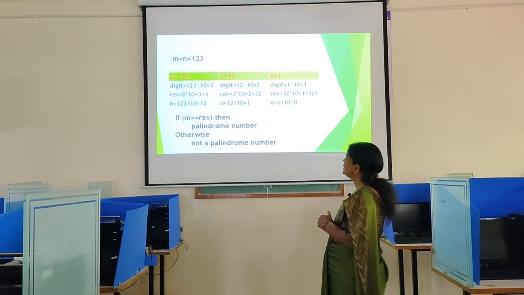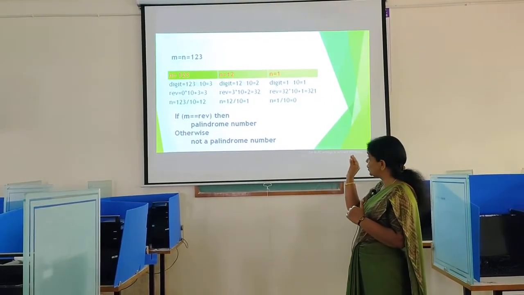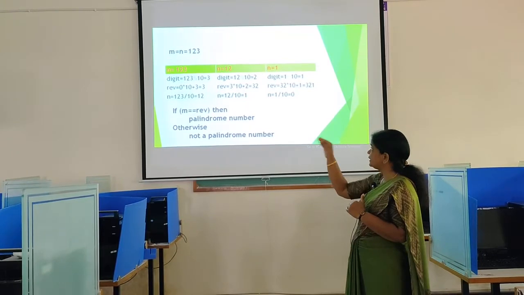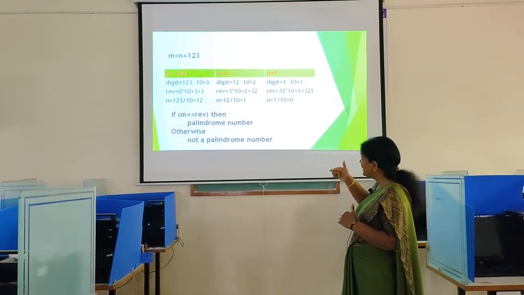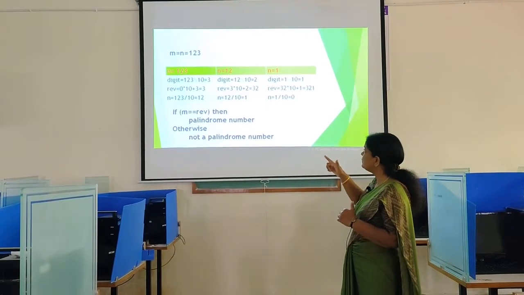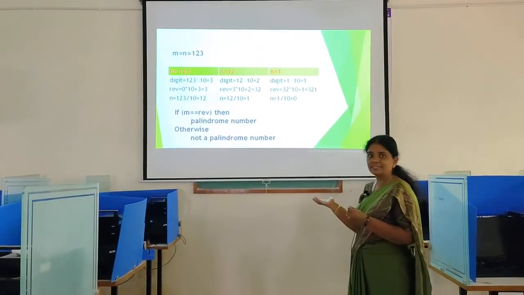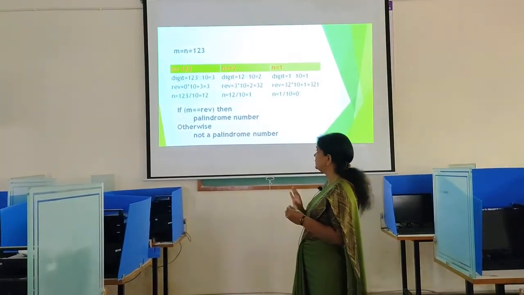Initially I have taken n as 123 and I will store that value into a variable called m, because finally, after repeating the steps, n becomes 0. Then I don't have the number to compare with the reverse number. So for that purpose we save the number in another variable called m.